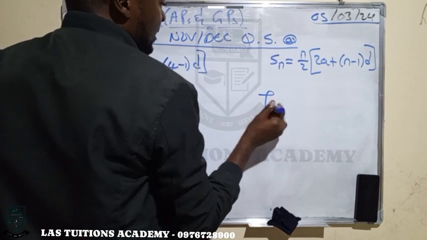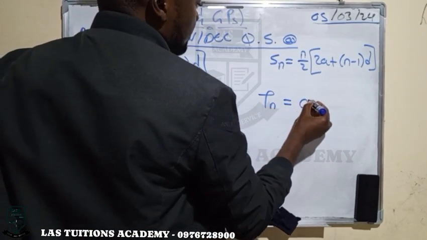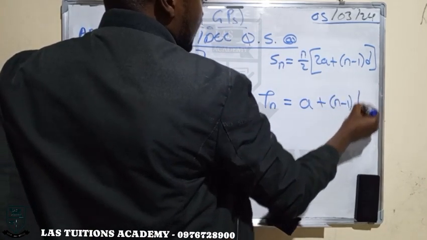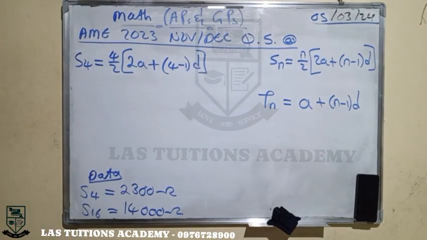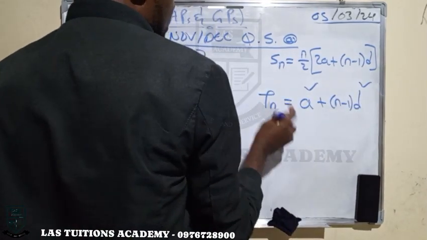The formula for the nth term is A plus n minus 1 times D. Since we know the formula for the nth term, what we need here is A and D, because here n is 24.